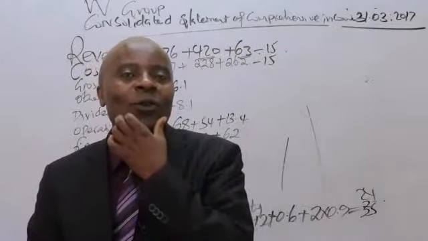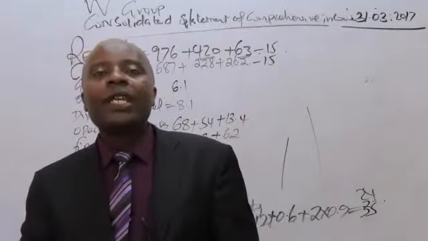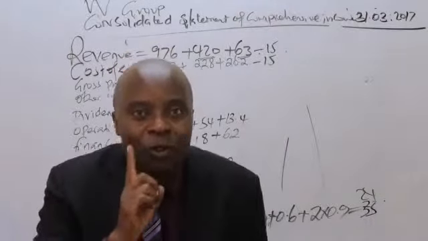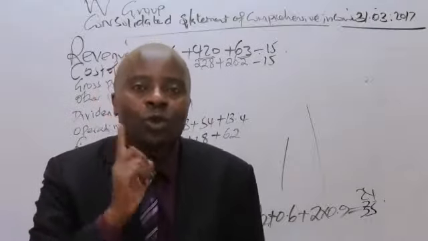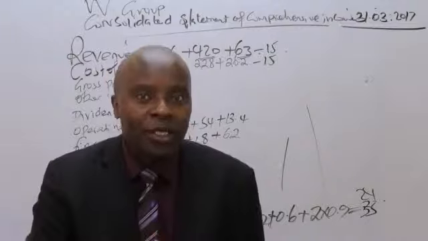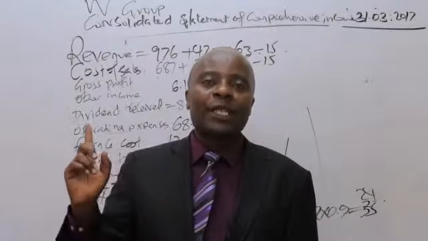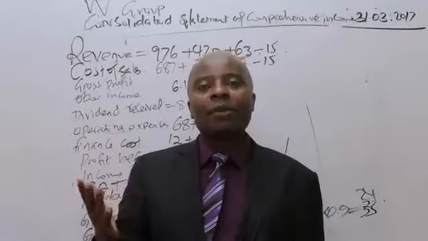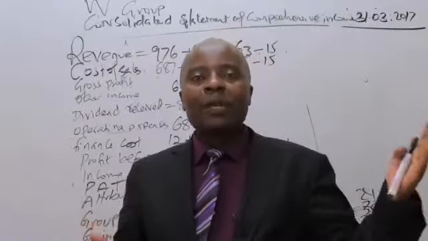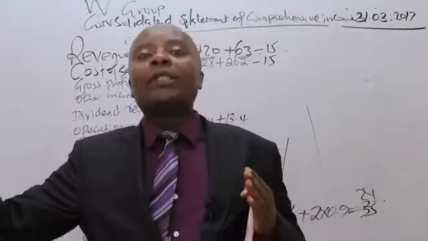The very first thing you should always look for when looking at the group income statement is this: if there is any intra-sales, intra meaning internal, always go to the group cost of sales and subtract. Now somebody will wonder, why are we subtracting this twice? It's because of the relationship between purchases and sales. One company is saying, I made a sale. On the other side of the coin, the other company is saying, I purchased.